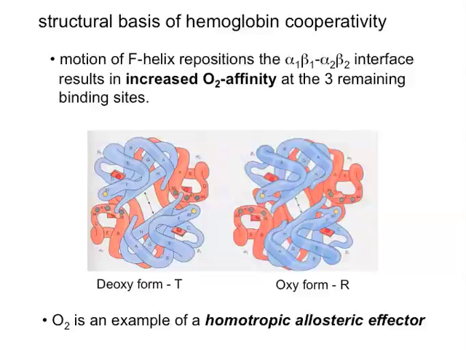Back to structural basis of hemoglobin cooperativity. I mentioned a model at the beginning of this discussion, which was a concerted model. That is to say, the hemoglobin exists in the tense state or the relaxed state, and those two states are in equilibrium, and the ligand shifts us to one end of that equilibrium or the other. There's also a sequential model of allosteric interactions or cooperativity that is more of an induced fit kind of model.